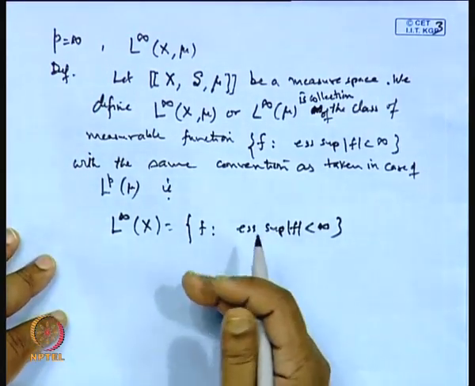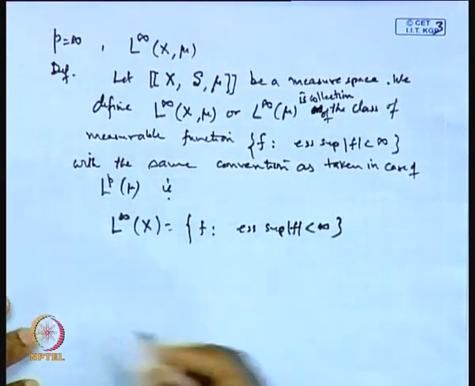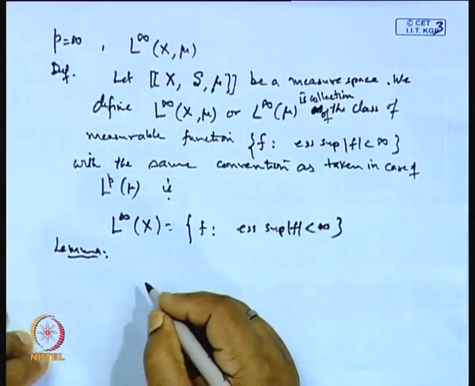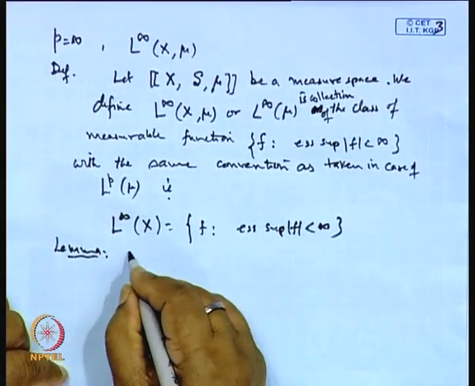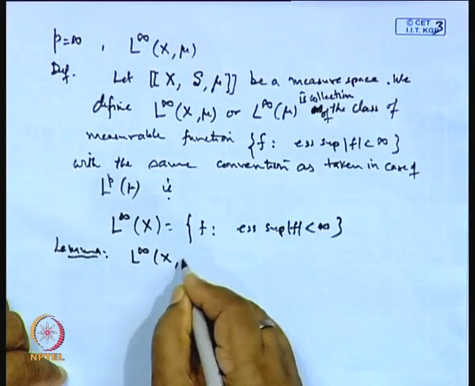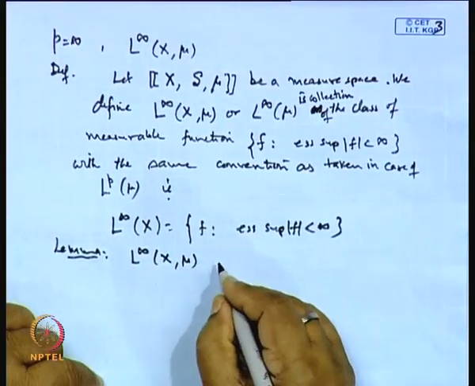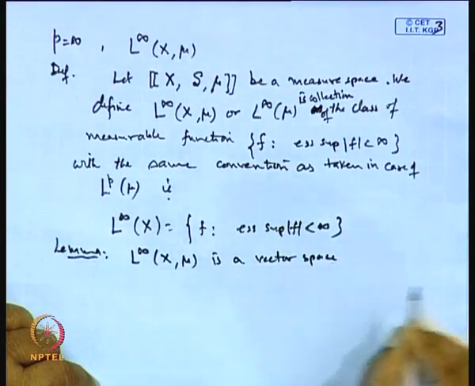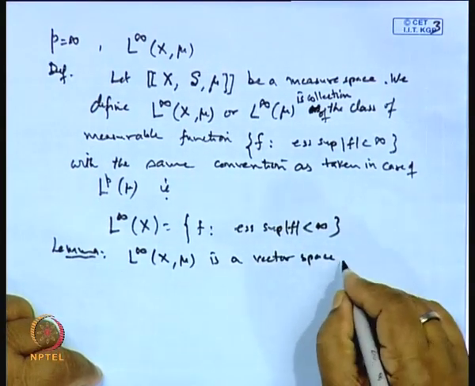Further, this is also a vector space. L^∞(X, μ) is a vector space over the real numbers.